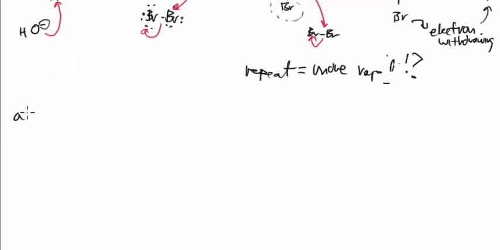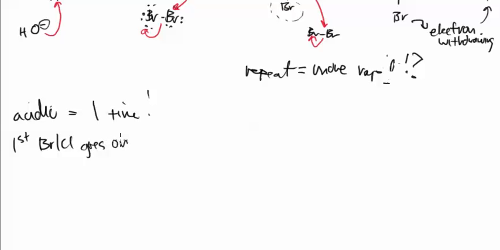Okay, well, what about acidic conditions? We said that it only happens one time, and that is it. How is that different? Okay, well, with the acidic condition, when my first bromo or chloro goes on, like we said before, that bromo is going to slow down the reaction.